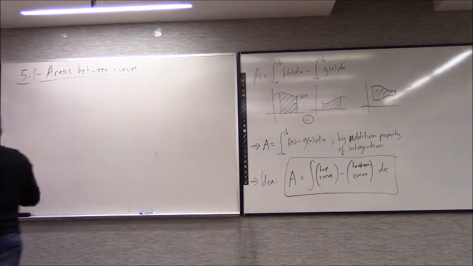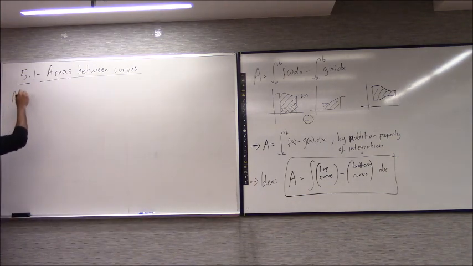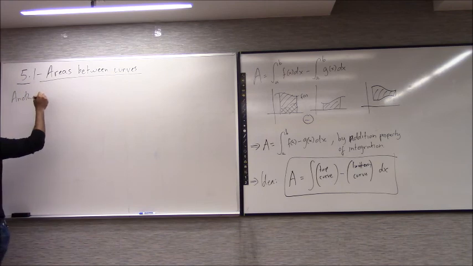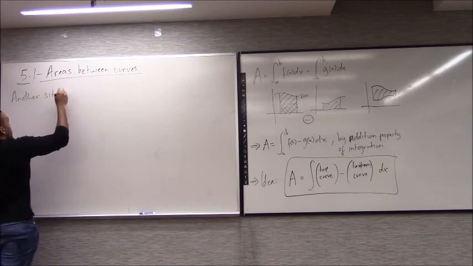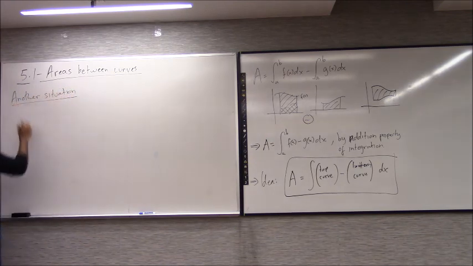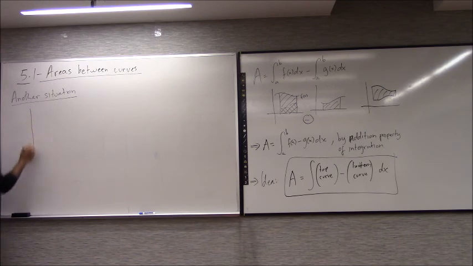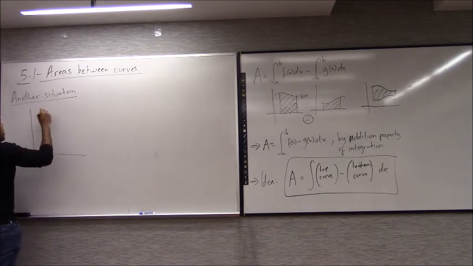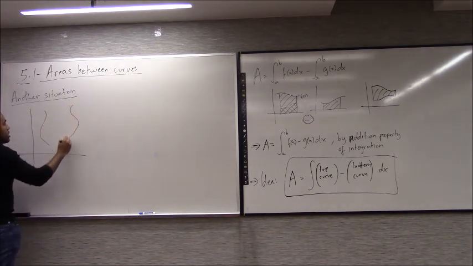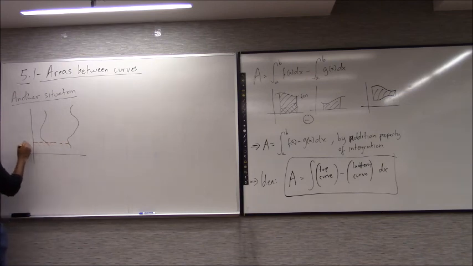But there's another idea. In Calc 1, you never really looked at this situation that much, I don't think. But now you're going to start looking at it, and in Calc 3, it's going to be crazy how many views you're going to have. But what if the curves were defined another way?